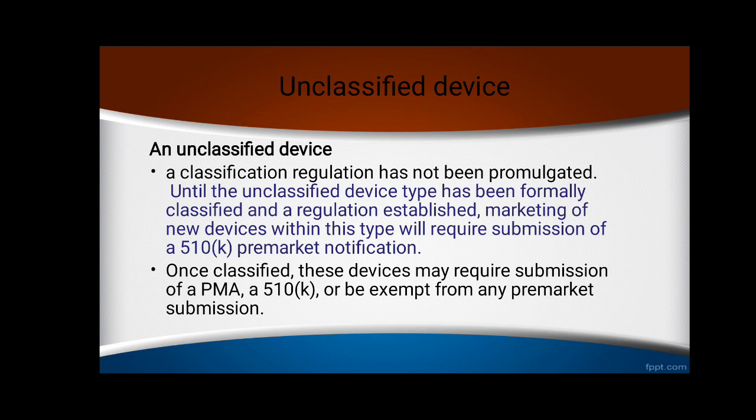Marketing of new devices within this type will require submission of a 510(k) pre-market notification. Once classified, these devices may require submission of a PMA, a 510(k), or be exempt from any pre-market submission.